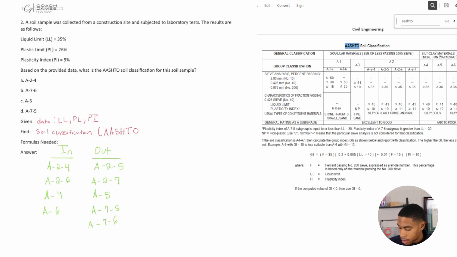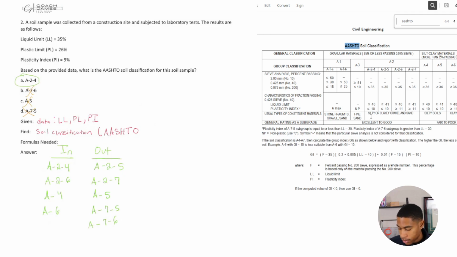So A-7-5 is out. I know it can't be that one. A-5 is out. A-7-6 is out. A-2-4 is in, and that's the one that we have, right? But even if you didn't look at this, let's take a look at the ones that are currently in and see why A-2-4 is the only one that will work.